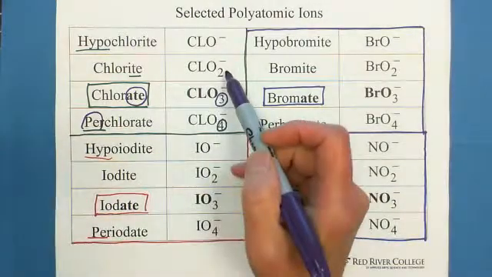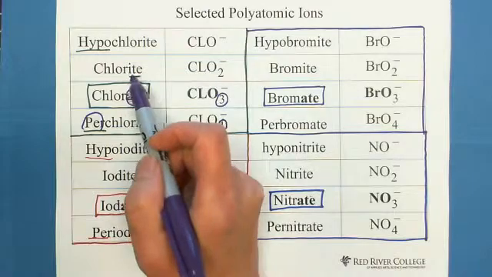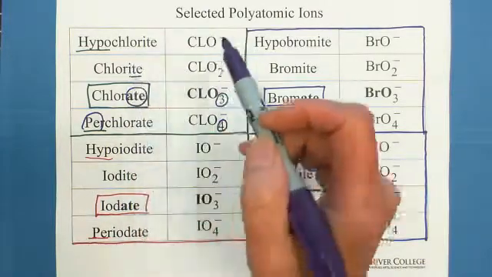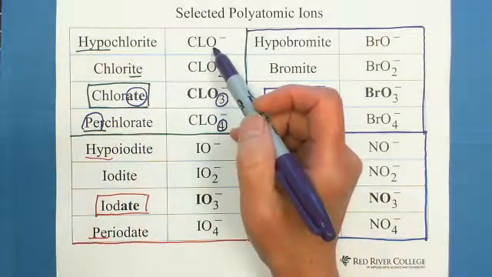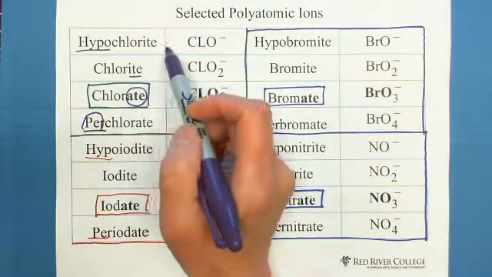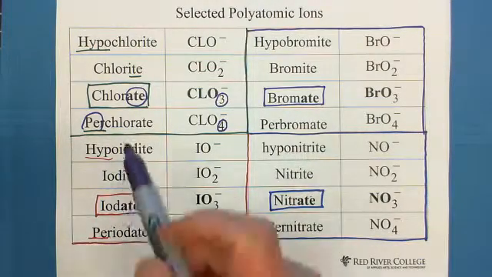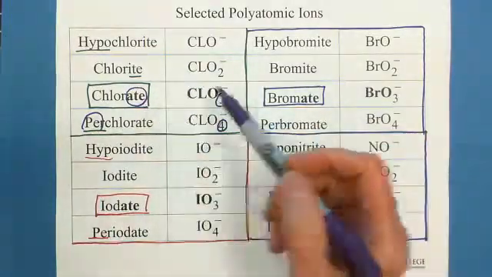One less oxygen gives chlorite, ITE. Another one less is hypochlorite. And follow this pattern for all 4 blocks in the table.